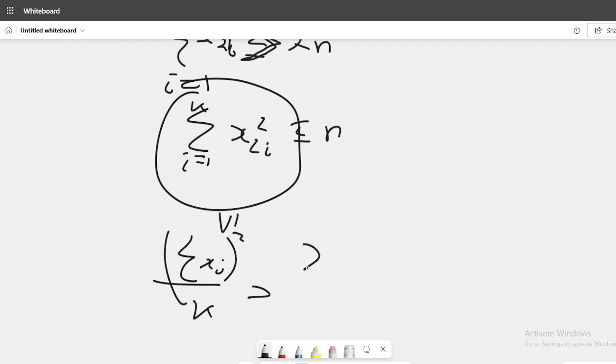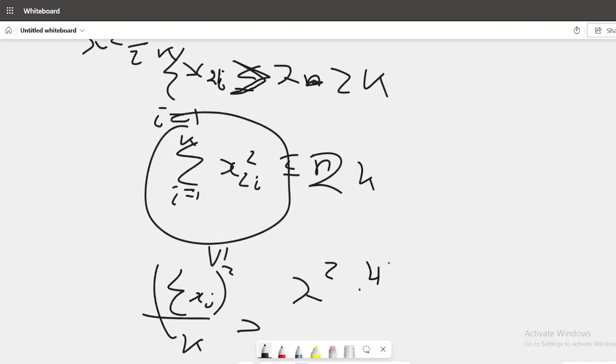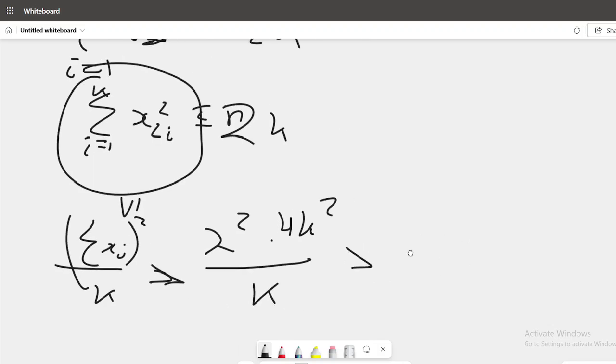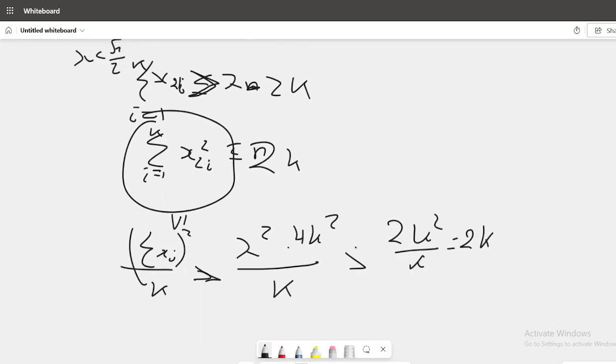By condition, we know that it is lambda, n here is just 2k, right? So this here is lambda squared times 4k squared divided by k. This is strictly greater than 2k squared divided by k, which is just 2k. So you get 2k needs to be strictly greater than 2k, which is a contradiction.